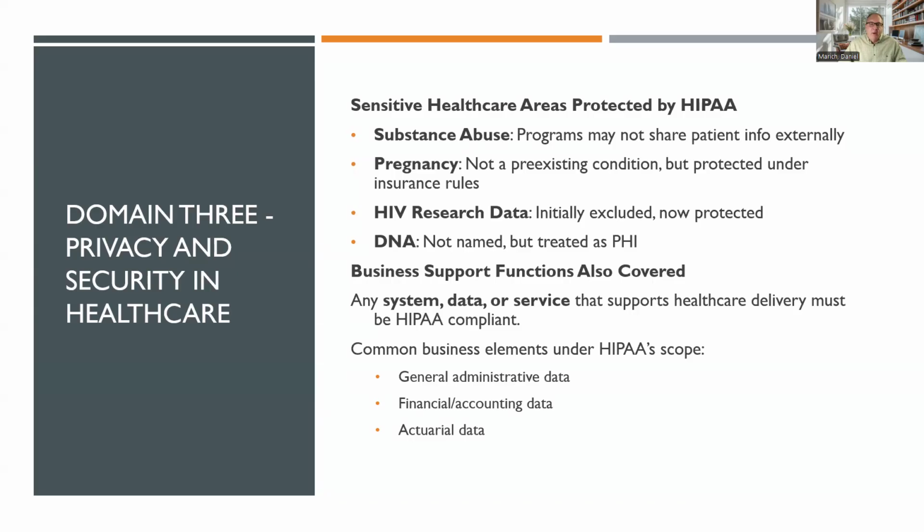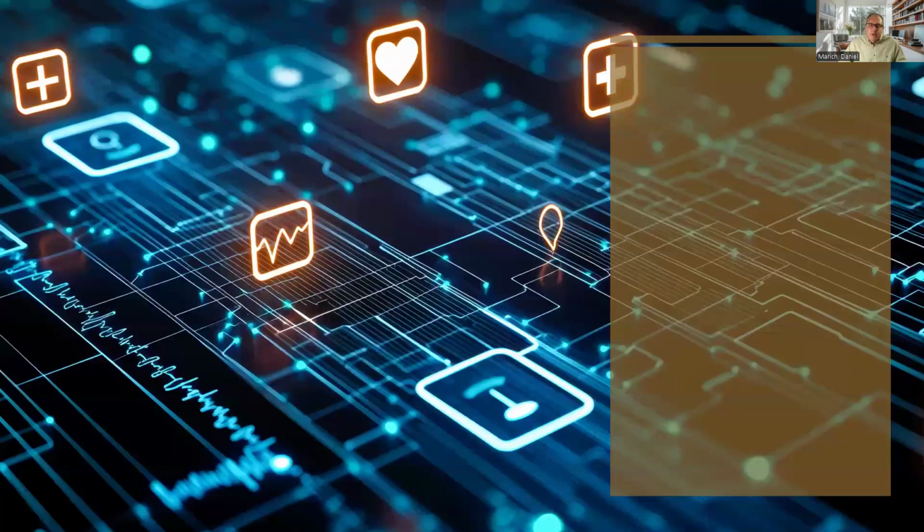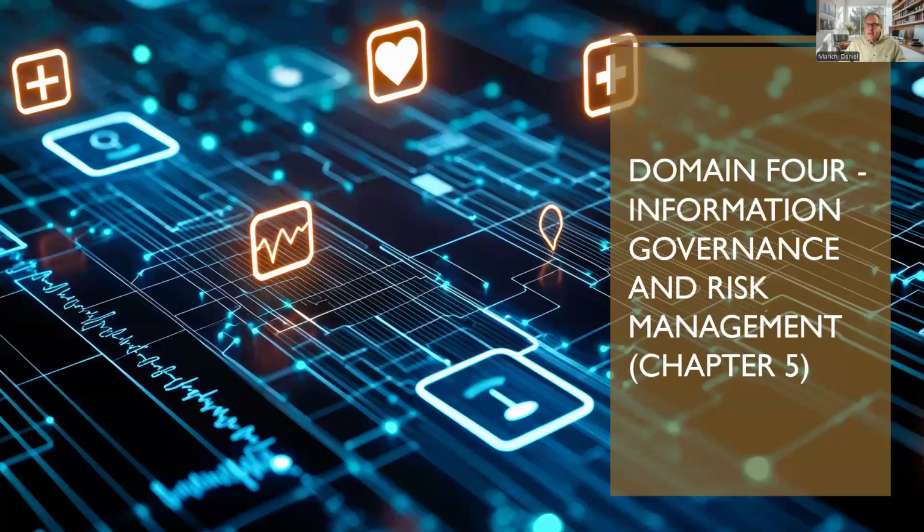HIV research is now protected, and DNA is not named, but is treated implicitly as protected health information. The other thing here was that certain business functions use health data for administrative responsibilities, fiscal accounting data, or insurance data. So it too needs to be protected.